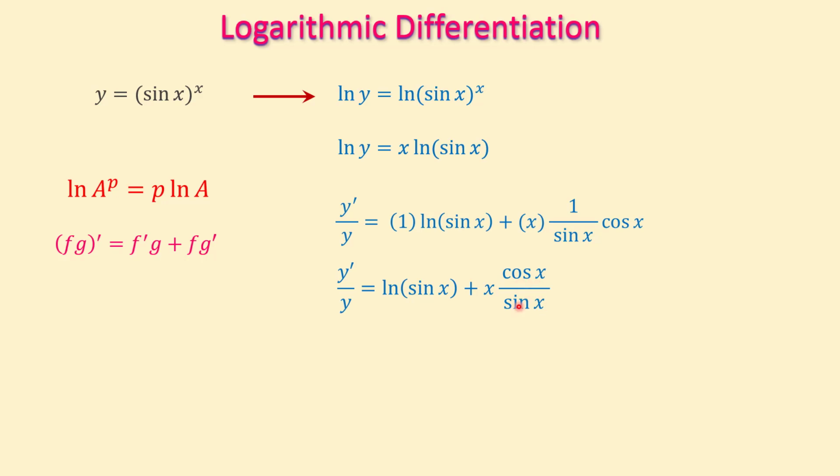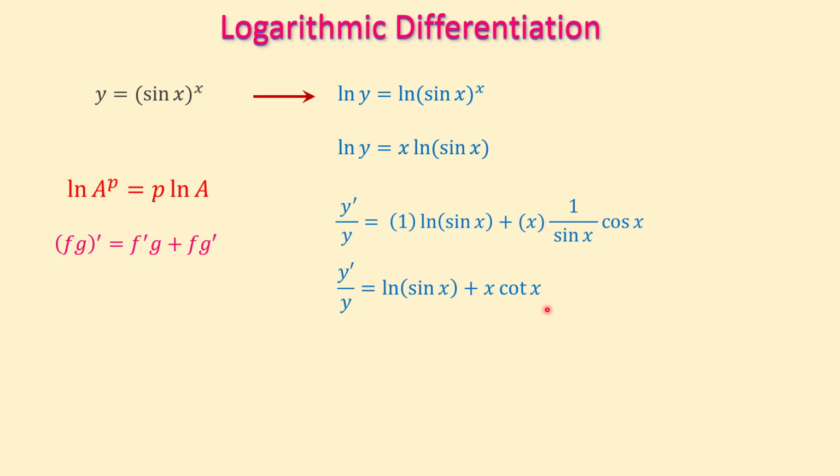Anyway, cosine of x over sine of x is equal to cotangent of x. So the right side of this equation can be rewritten as ln of sine of x plus x times cotangent of x. Again, cosine goes on top: cosine of x times 1 is cosine of x over sine, and we remember from trigonometry, cosine over sine is cotangent of x.